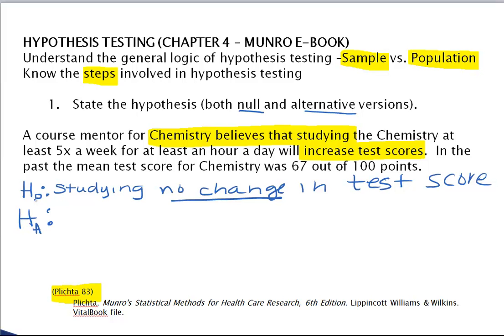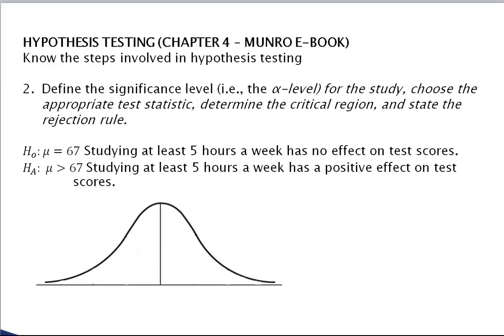And then the null is just there's no change or no effect taking place. So here, this would just be studying increases. And on the next slide, I have it written up better, okay? So let's take a look at that.